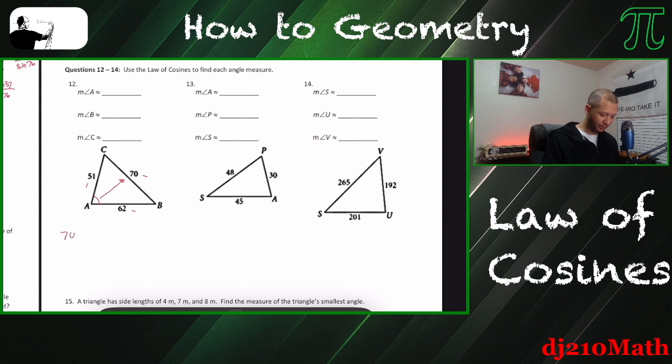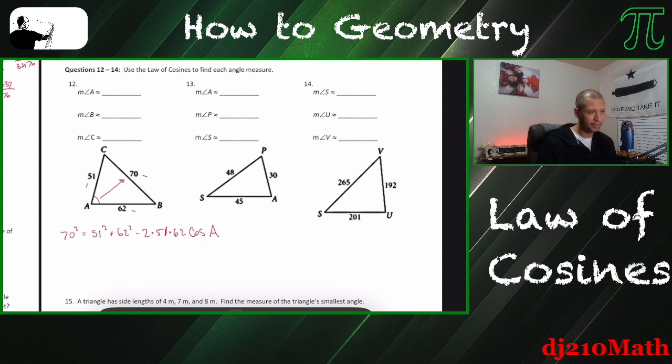So 70 squared is equal to the other two legs squared: 51 squared plus 62 squared minus 2 times 51 times 62, right? This is 2ab. Cosine of the angle that we want, not the angle that we know, but cosine of a.